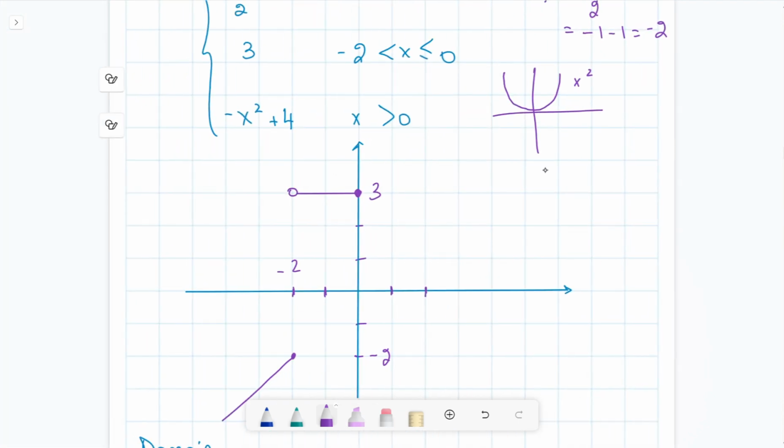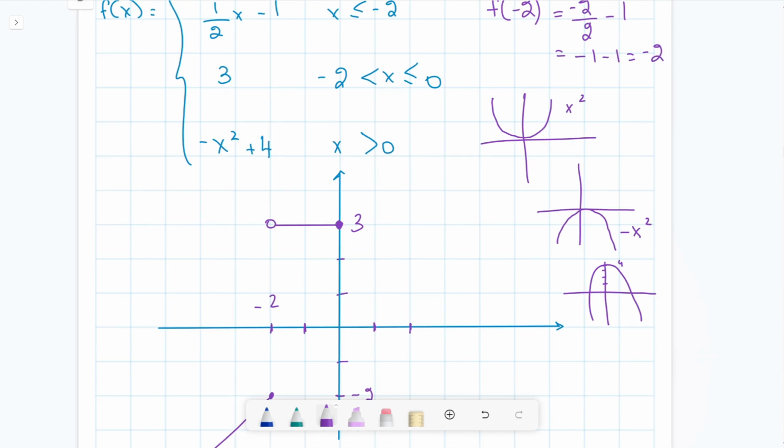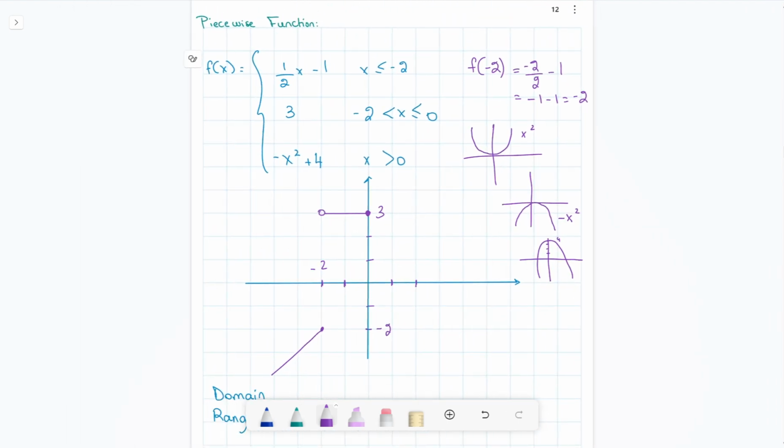If I were to draw negative x squared, I will flip it. This is negative x squared. Now negative x squared plus 4, I shift 4 units up. So this is my graph of negative x squared plus 4. So that's how I draw it.